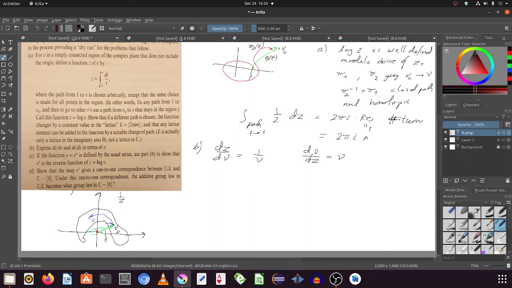Oh, then we need to show that the usual series definition is the inverse. How on earth do we do that?